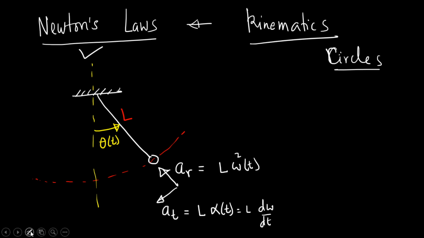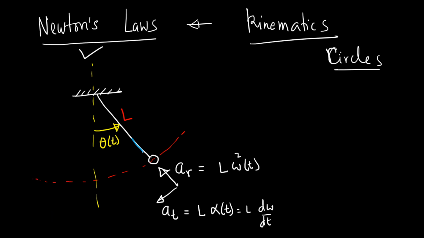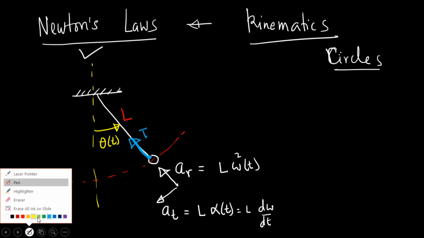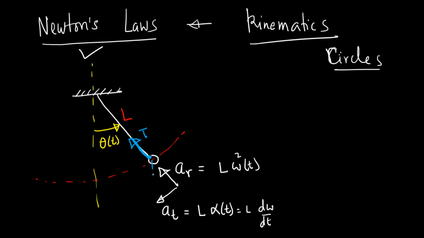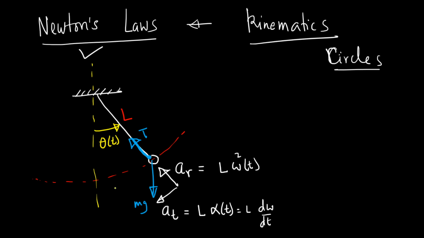At that instant, what are the external forces on this? There's one force for sure, which is towards the center of the circle, which I'm going to call T. And then there is the force of gravity, mg. But what we are going to do now is resolve the forces along this axis, and I think you know why.